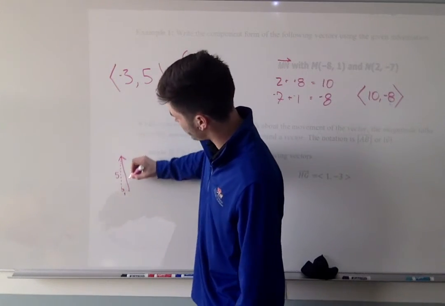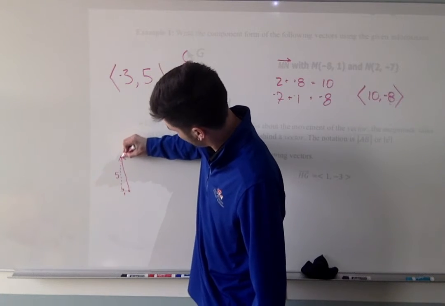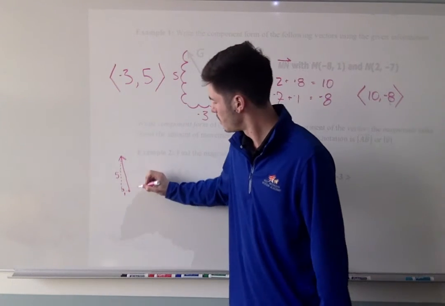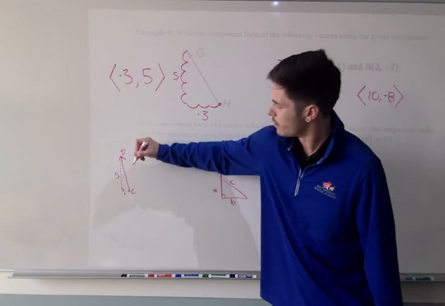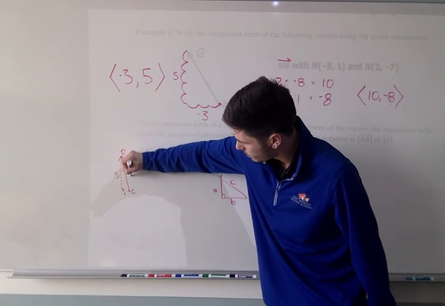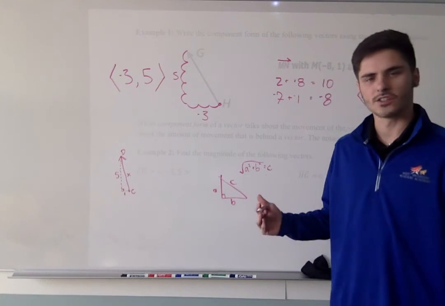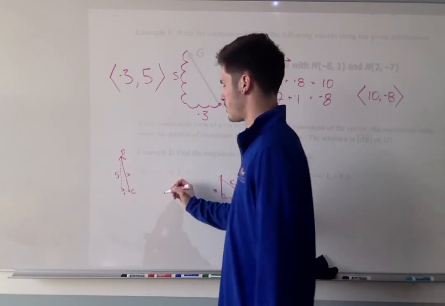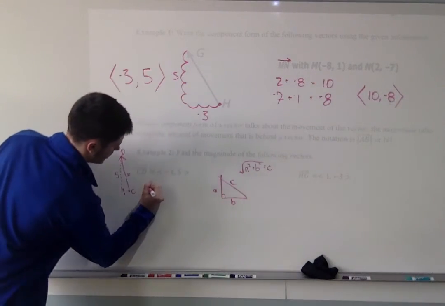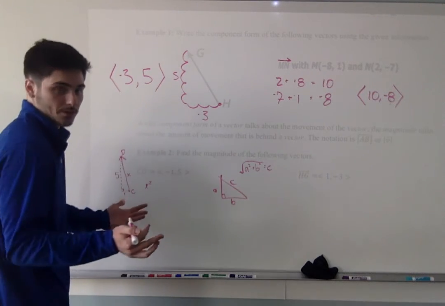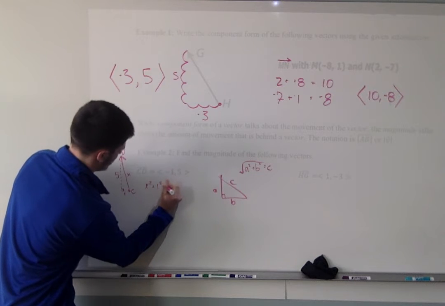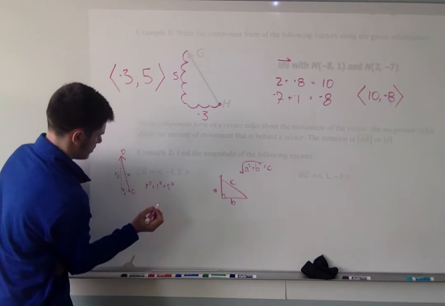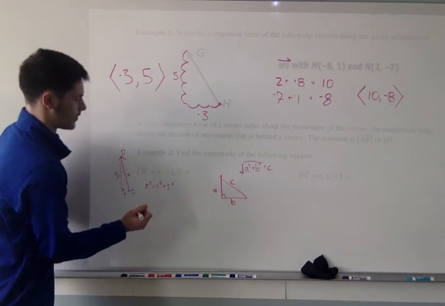So if we're trying to find the distance CD, we can name that X. And why don't we just say that X squared, this is the Pythagorean theorem again, right? X squared equals 1 squared plus 5 squared, or negative 1 squared, sorry.